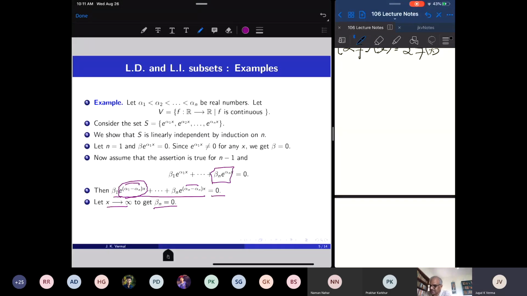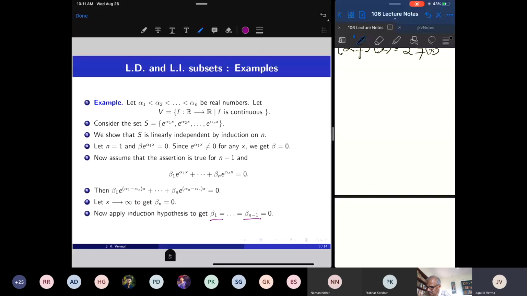So I started with this linear combination of n exponential functions, multiplied by e^(−αn x), and then took the limit. I proved that βn equals 0. Substituting βn equal to 0, I get a relation between n minus 1 exponential functions. But by the induction hypothesis, if a linear combination of n minus 1 exponential functions is 0, then those are linearly independent, so all the other βs are 0.